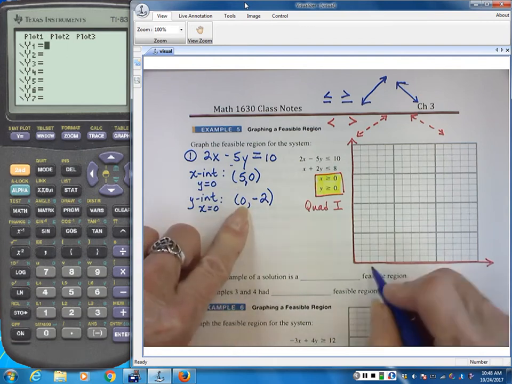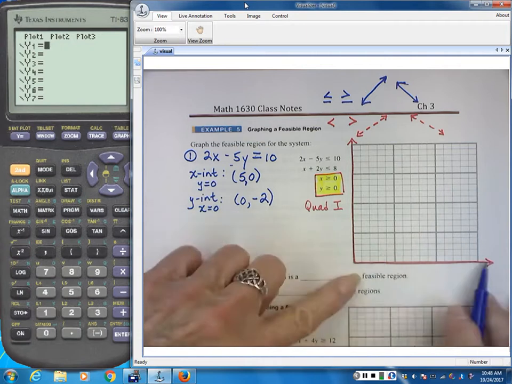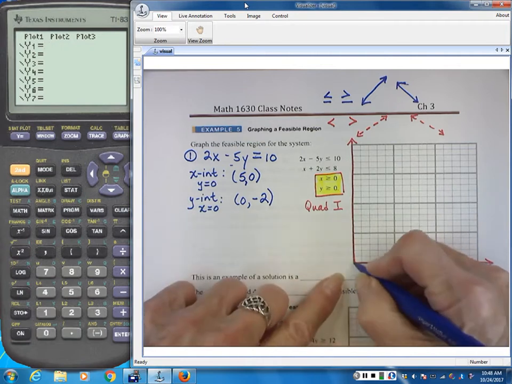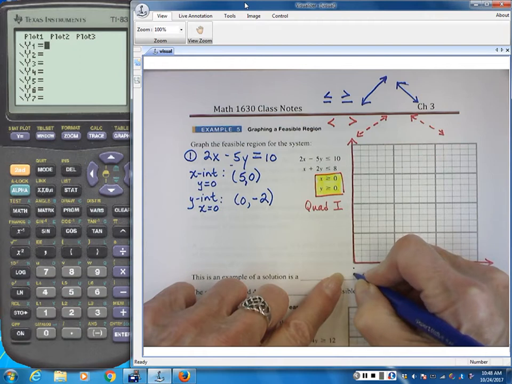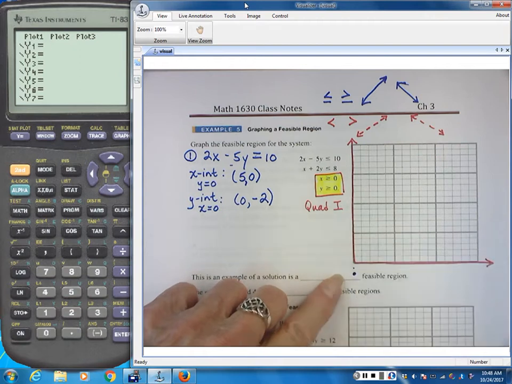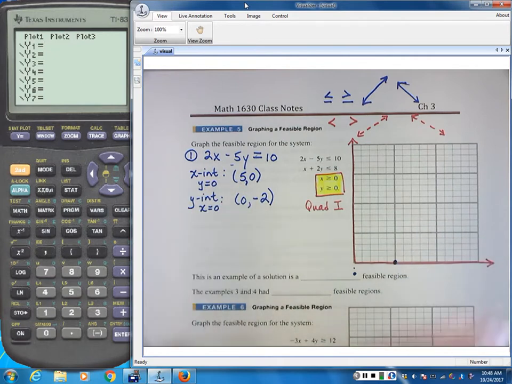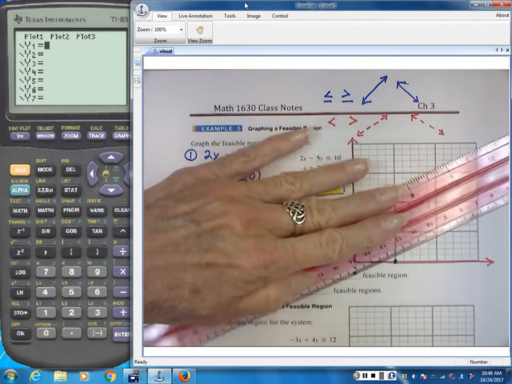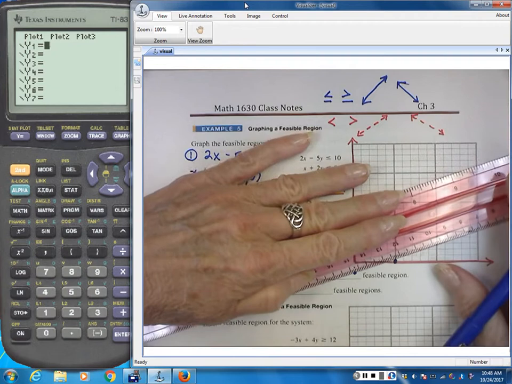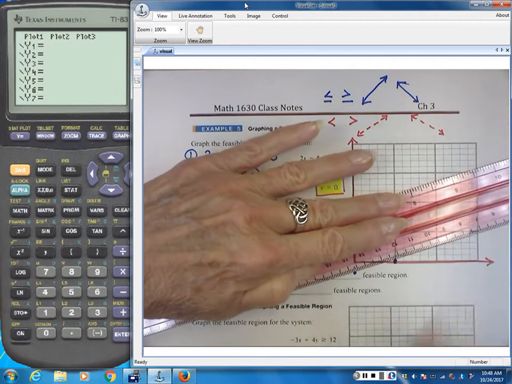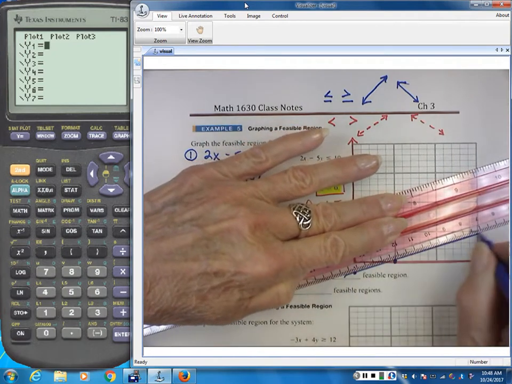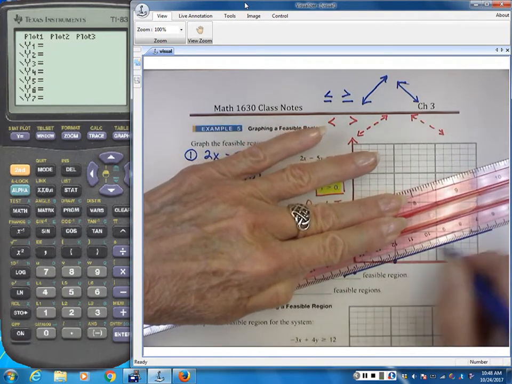So (0, -2), and even though I'm in the first quadrant, I can still pretty much guess where negative 2 is. So I'm going to go down 1, 2, and then (5, 0). That would be right here. And the only reason I want those is to be able to draw the line. So I get my ruler, and I make a solid line.